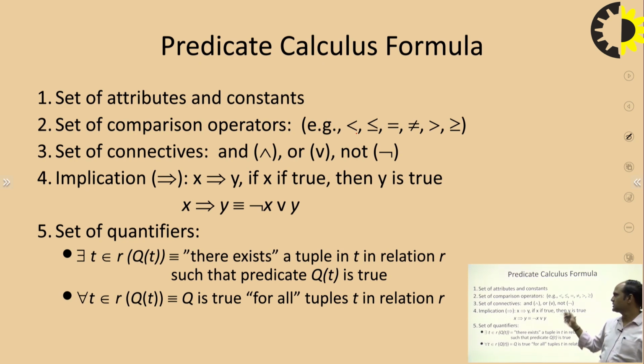The set of connectives means and, or, not. Implication means X implies Y. It is, if X is true, then Y is true. X implies Y means not X or Y. And there are sets of quantifiers that can be used in tuple relational calculus.